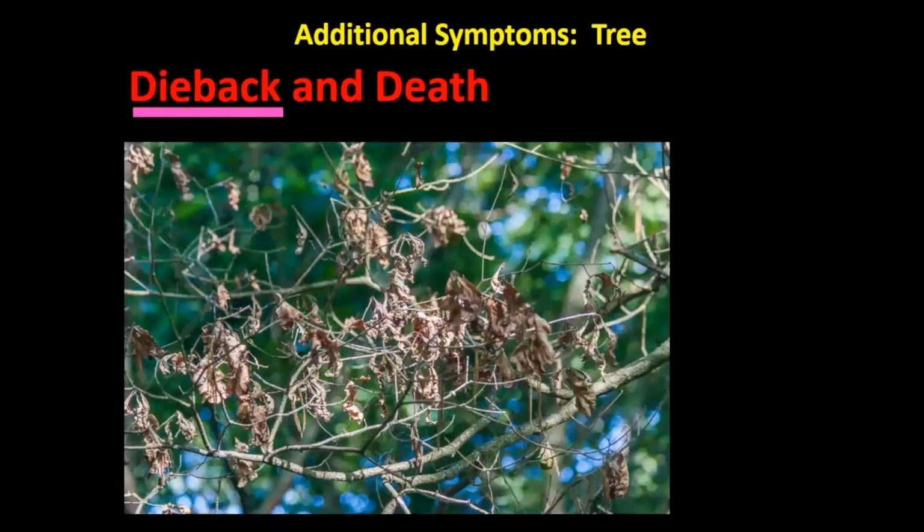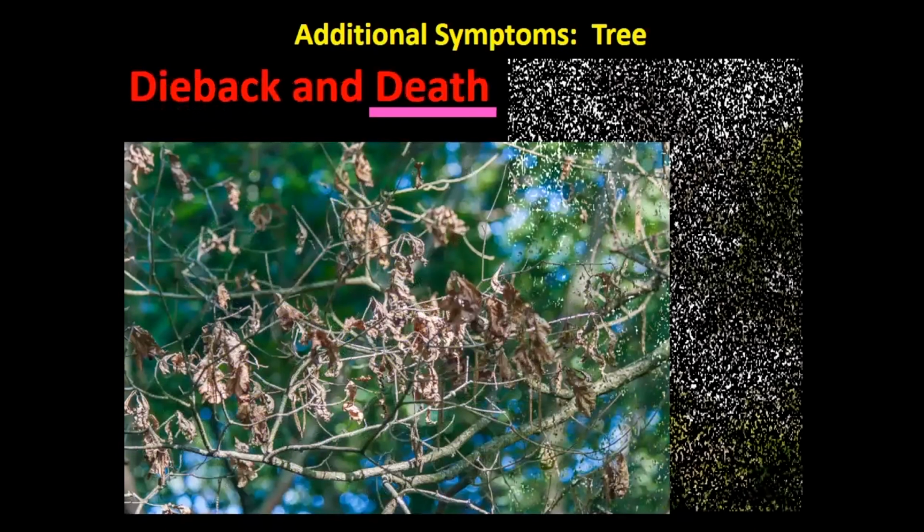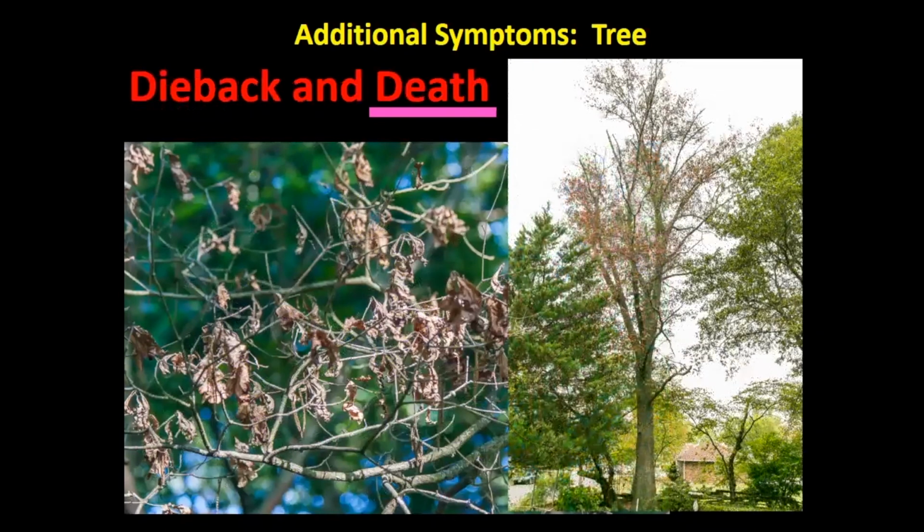The final two additional symptoms deal with whole trees also. The first is called dieback. Dieback is simply where branches have died. And then we have death, where the tree has died. These are symptoms, okay?